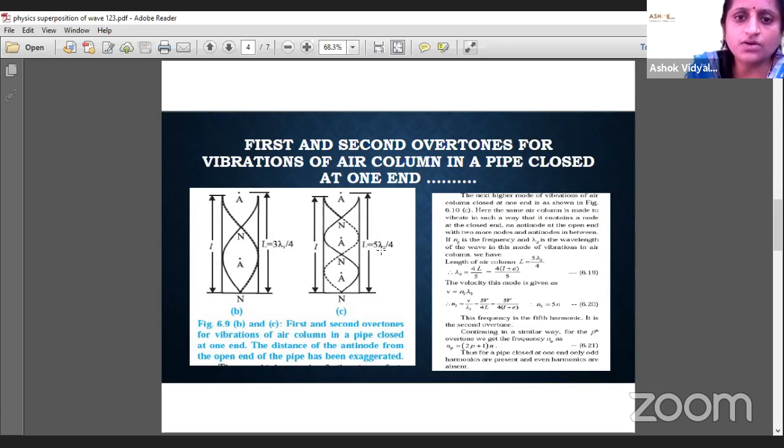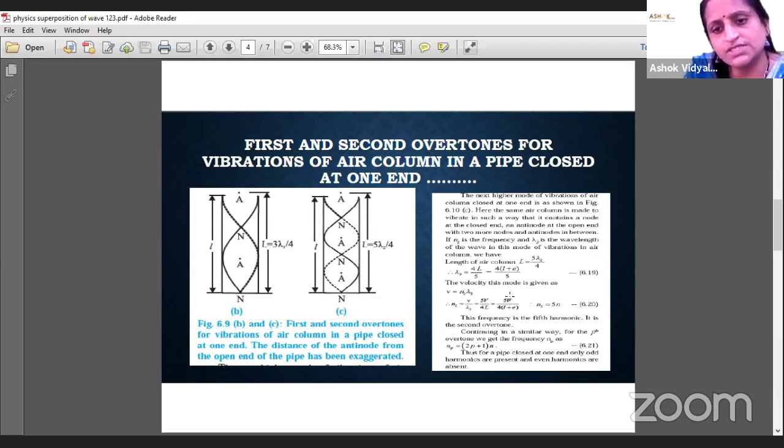Capital L is equal to 5 lambda 2 upon 4. For the next higher mode of vibration of the air column in the above diagram, we get the length of the air column L equal to 5 lambda 2 upon 4. Therefore, lambda 2 is equal to 4L upon 5, that is, 4 into (l plus E) upon 5.